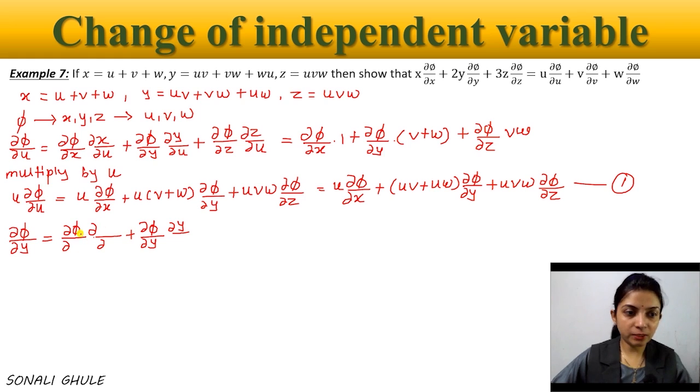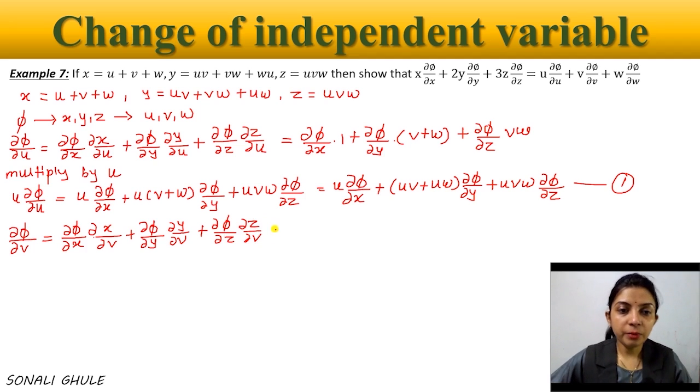So there is a correction actually. See, from this phi with respect to x and x with respect to v, that should be right. So here it is phi with respect to x and x with respect to v. And here also we have to do the correction. This is not y. This is v. Okay. Then plus here phi with respect to y and y with respect to v, plus phi with respect to z and then z with respect to v.